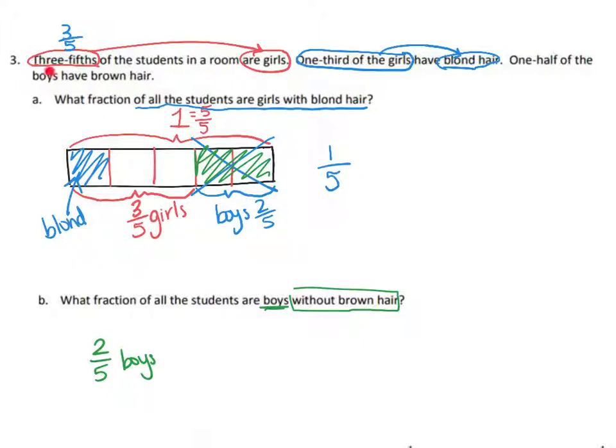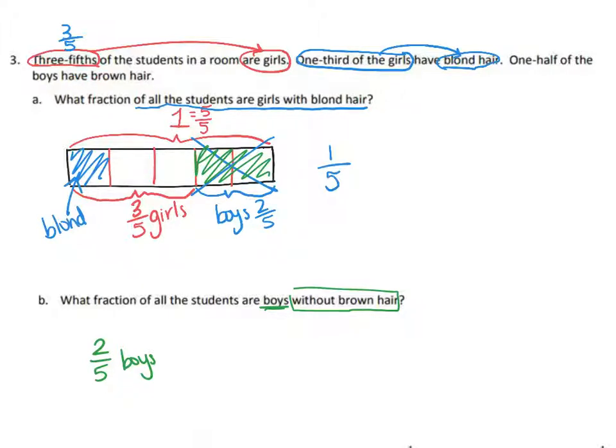So let's reread the question. 3/5 of the students in the room are girls. Okay, we don't need that. 1/3 of the girls have blonde hair. We don't need that either. 1/2 of the boys have brown hair. So here are the boys. We have 2 parts, and half of them have brown hair.